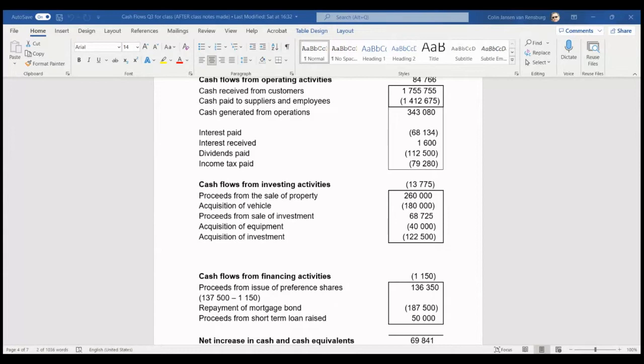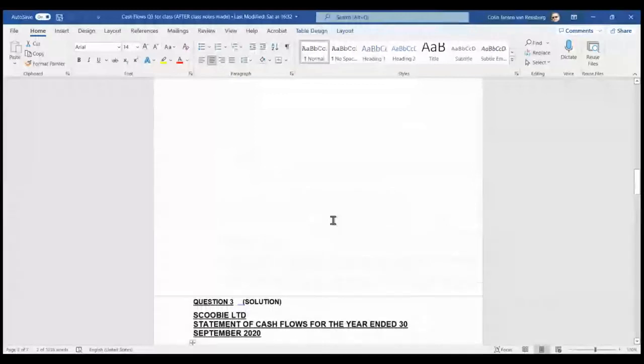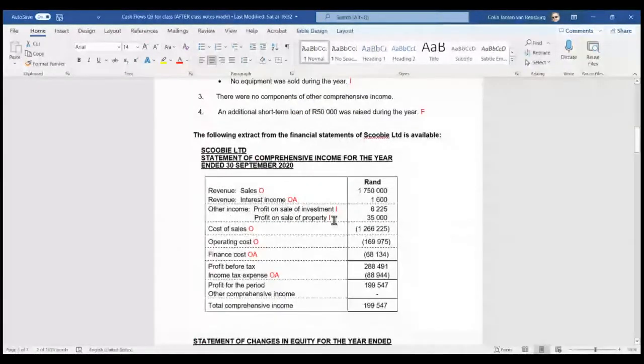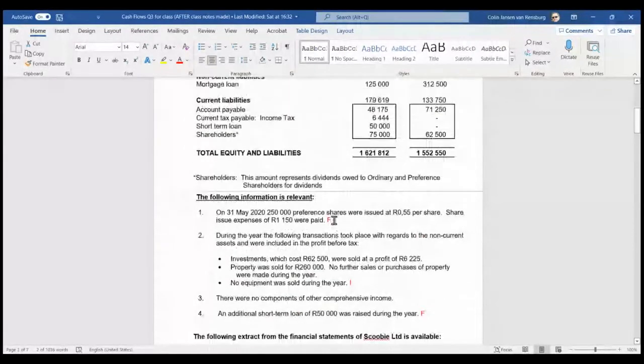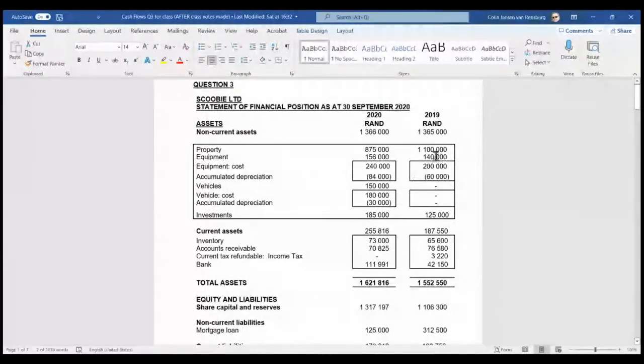But I just want to also have a look at the reasoning, or let's call it the background to this situation. So first of all, what was the cost of the property that was sold?